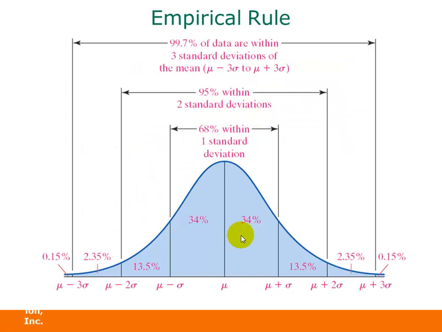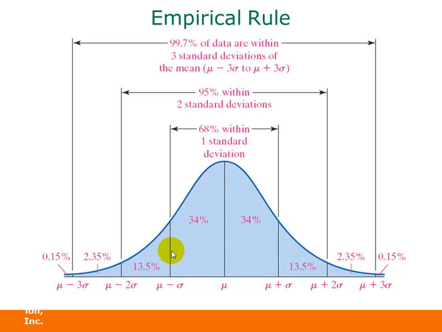Here's a picture to help make this a little bit clearer. Here is our approximately bell-shaped distribution, and here we have the mean in the middle. If we go one standard deviation on either side, so if we subtract the standard deviation to get this boundary and add the standard deviation to get this boundary, in between those two values we have 68% of our data values.